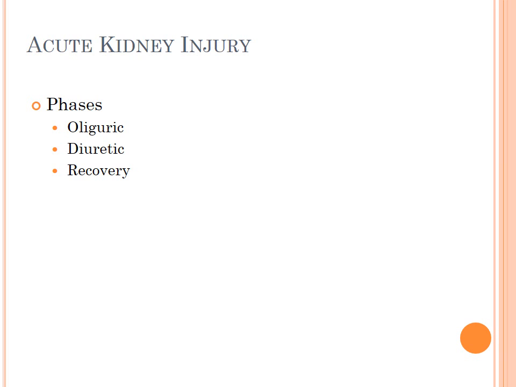So the diuretic phase is the second phase, where the kidneys start to come around and excrete waste products again, and an increase in urine output, 1 to 3 liters. Normal is 1 to 2 liters, then you have an increase in urine being produced. So you have osmotic diuresis, where there's movement of water because you now have all this elevation in waste products, so a higher concentration. So the water is trying to help get rid of it. So the kidneys are unable to concentrate urine, so now you have the other end.